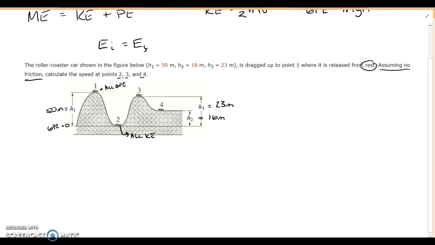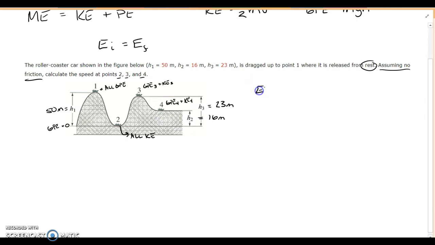And at points 3 and 4, you're going to have a combination of whatever GPE we have at 3 plus whatever kinetic energy we have at point 3. And at point 4, we're going to have any GPE at 4 plus any KE at 4. And again, because there's no friction, the total amount of energy in joules is going to be the same at each location.